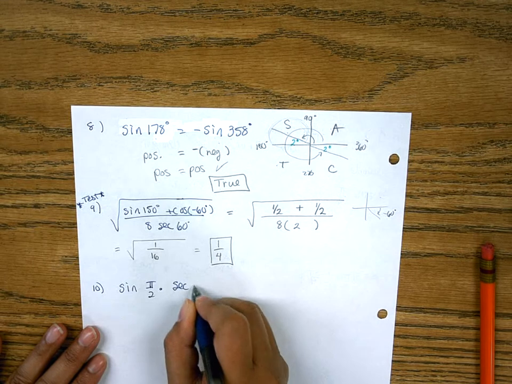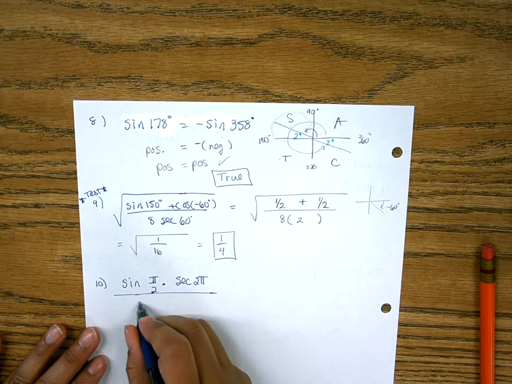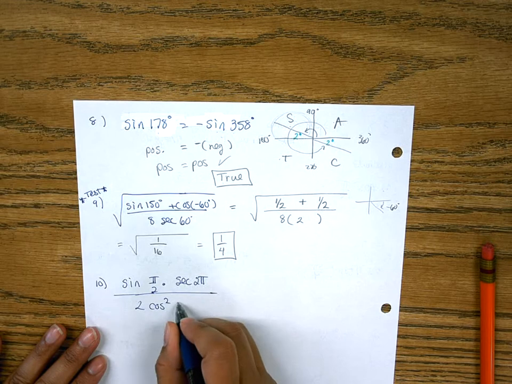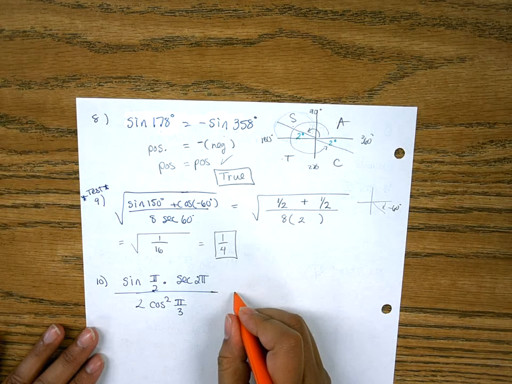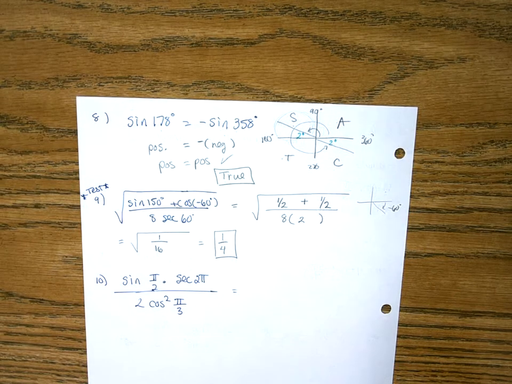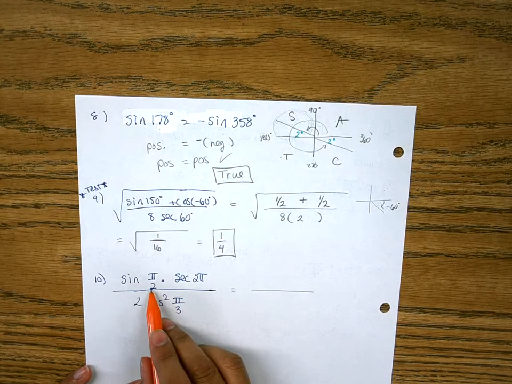Number 10, sine of pi over 2 times secant of 2 pi all over 2 times cosine squared of pi over 3. All right.